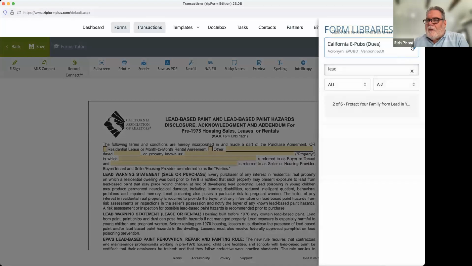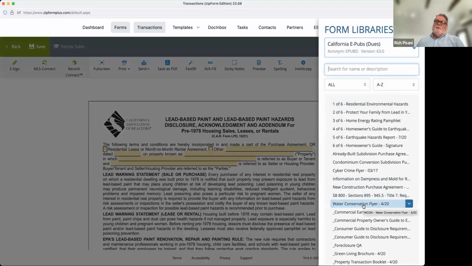This is a great place to send all of your required disclosures about lead-based paint and earthquake. These are all the booklets. We used to have to give away a booklet, and every office had a whole bunch of them. Well, you can just send them directly from here. It's pages 1 through 4.